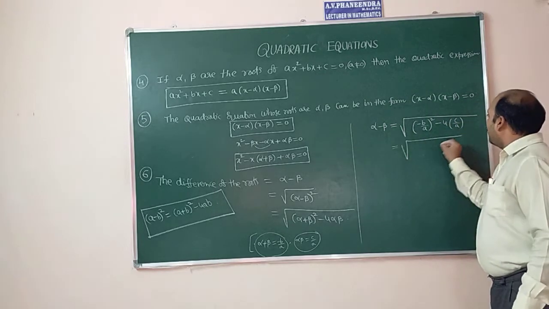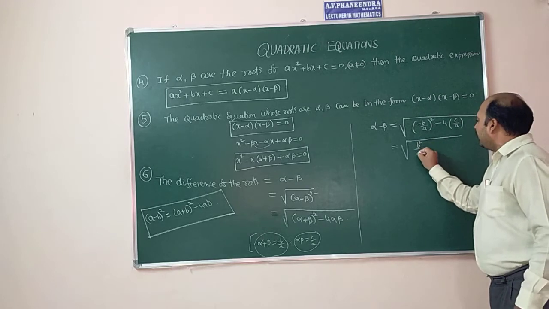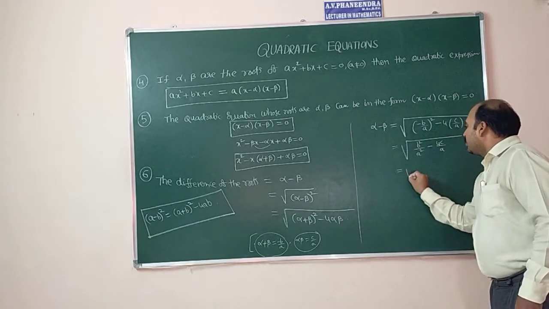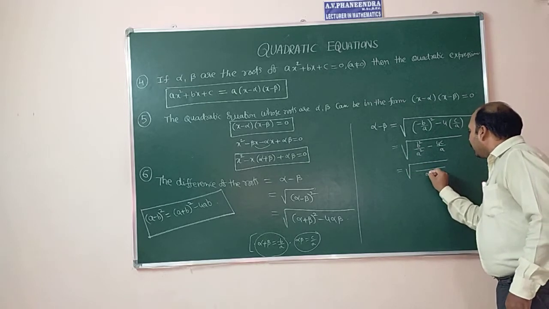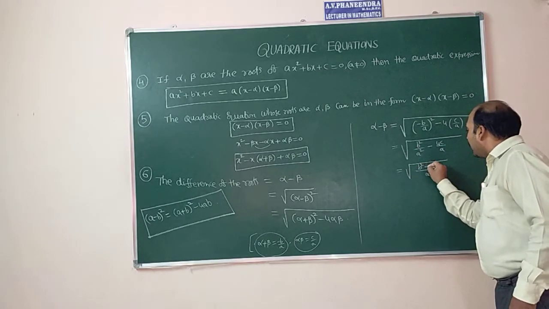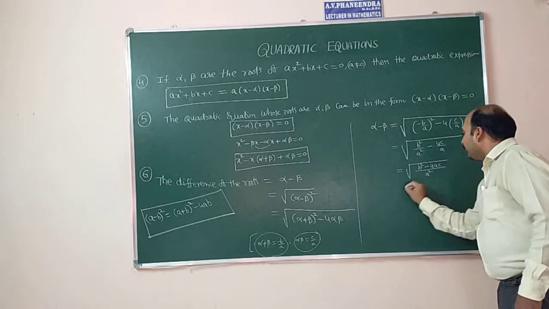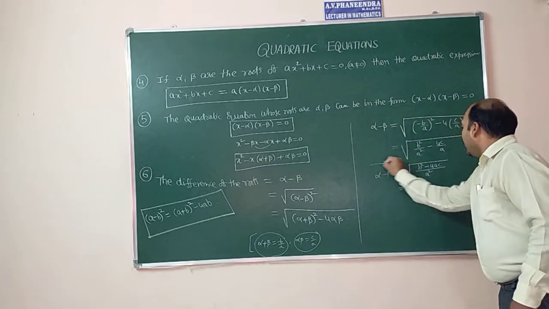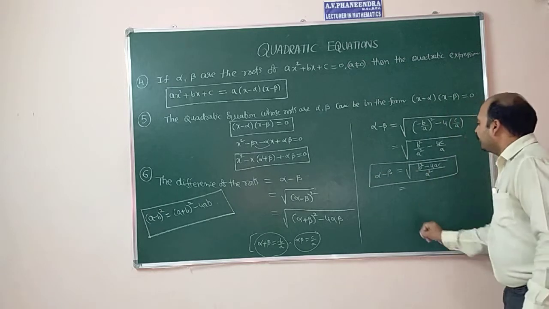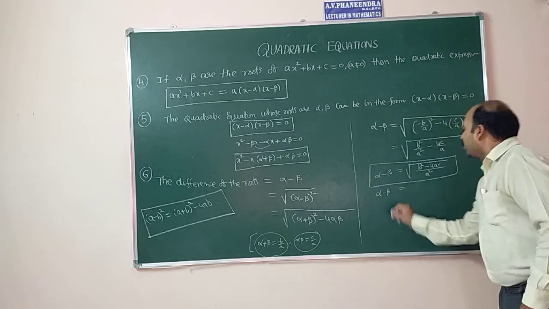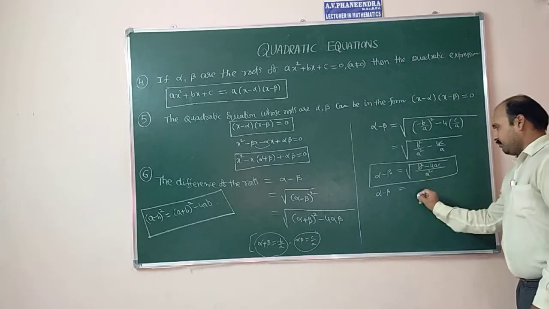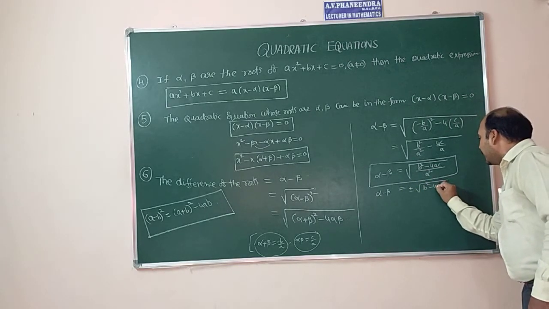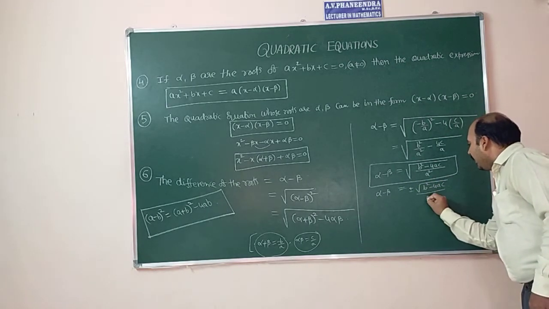Simplify: square root of b square by a square minus 4c by a, which is equal to, after taking LCM, a square is the LCM, b square minus 4ac, which is equal to this alpha minus beta. In other words, alpha minus beta equal to plus or minus square root of b square minus 4ac divided by a.